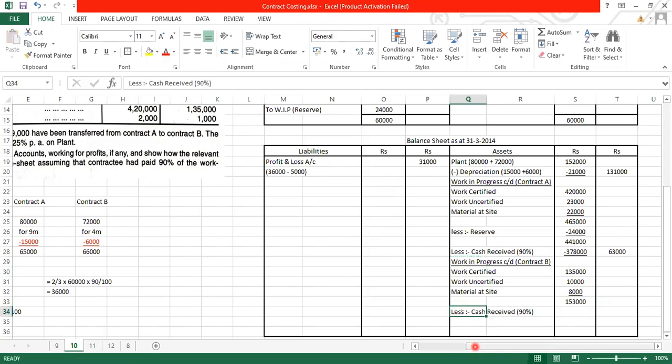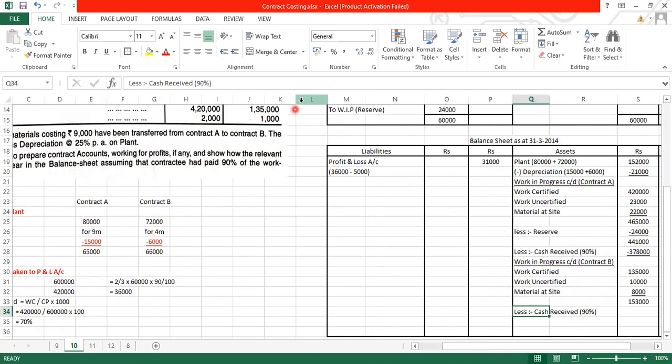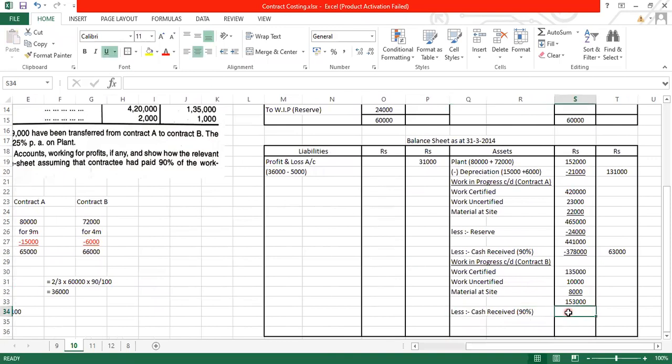Work certified. यहाँ पर work certified कितना है? 1,35,000. So 1,35,000 का 90%. 1,21,500. So this will be 31,500.